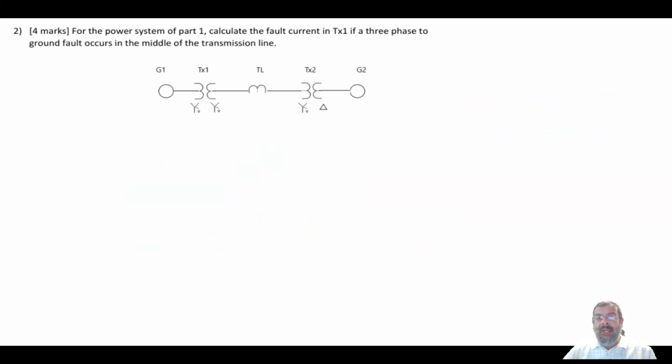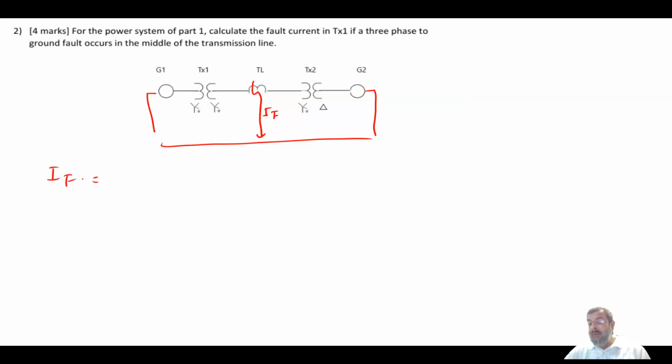Now, once I know X Thevenin, let me draw this here just to imagine what is going on. Here I can find the fault current. For the fault current IF, we always assume that the voltage before the fault was 1 angle of 0, divided by 1.075, and this is equal to 0.93 per unit.